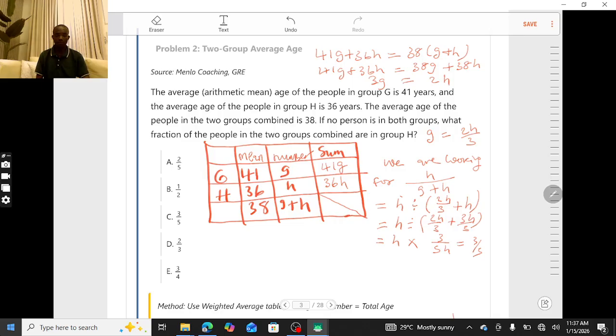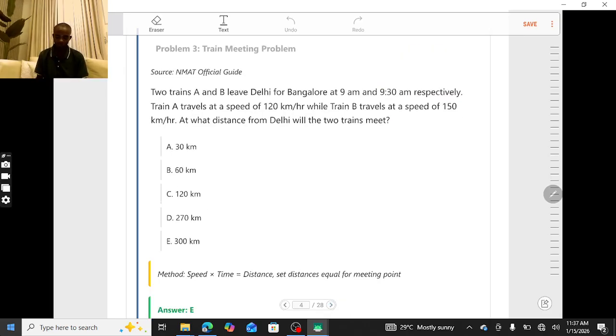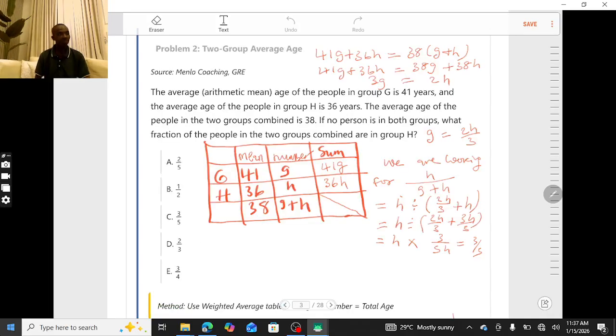Can we try another one? Yes. What if they are the same people? This question says if no person was in both groups. What if there was someone in both groups? We will not use this now.